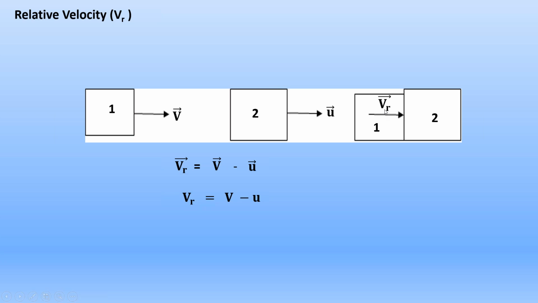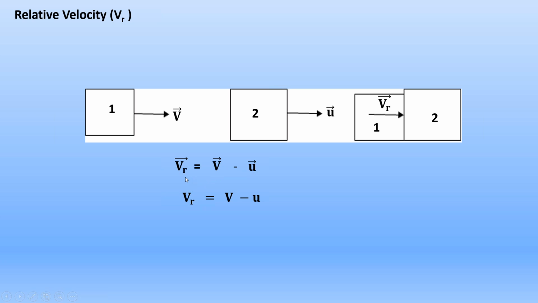at the time of striking. Here vr bar, the relative velocity of the first body with respect to the second body, is equal to v bar minus u bar.